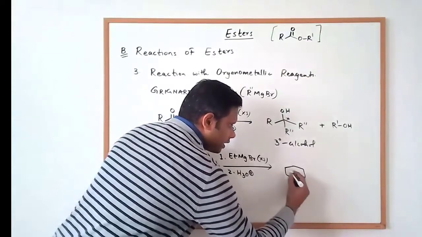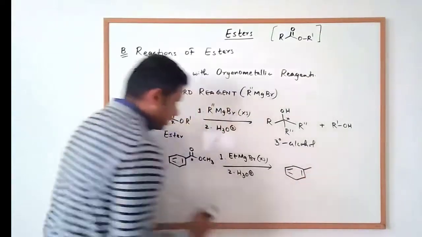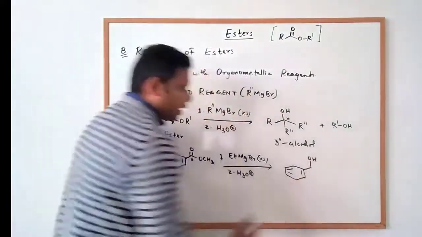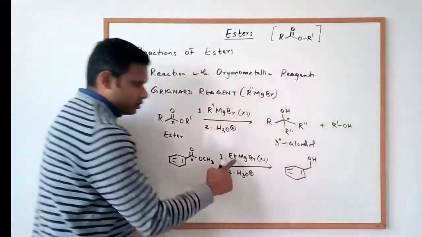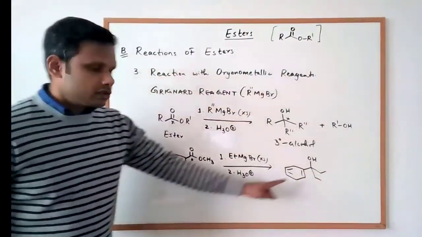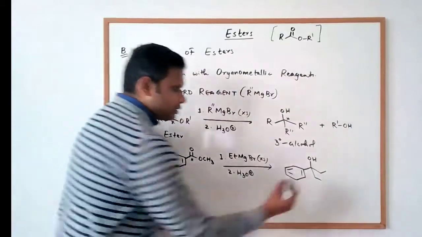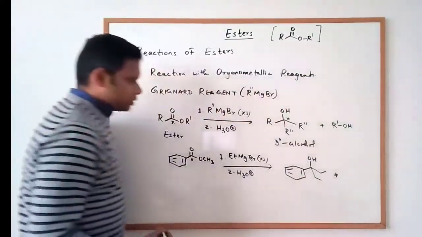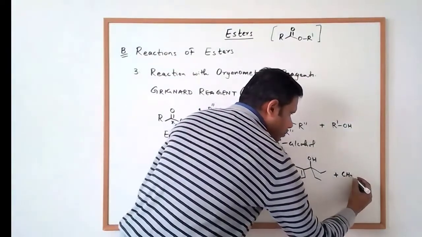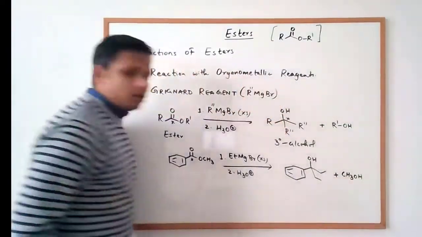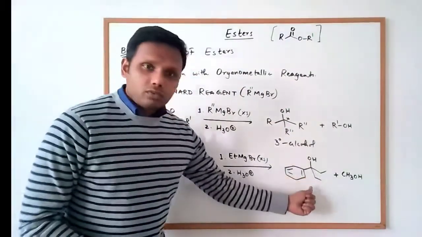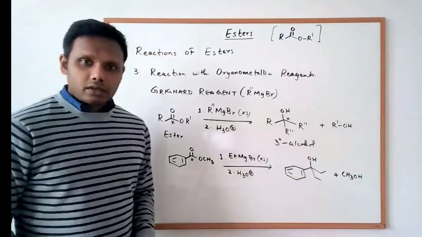So we'll still have the benzene ring, the acyl carbon becomes the alcohol carbon, and we'll have two ethyl groups connected to that carbon. So that gives us the tertiary alcohol product, along with this methoxy group here becoming the methanol. But our focus here is on the acyl carbon, so that gets converted into the tertiary alcohol here.